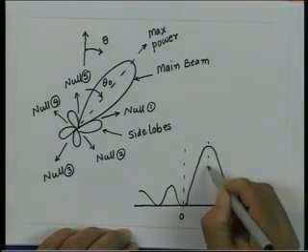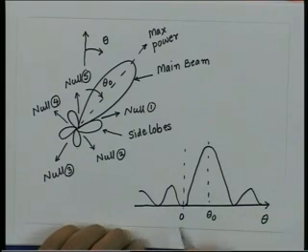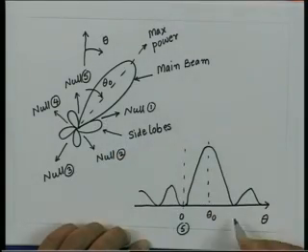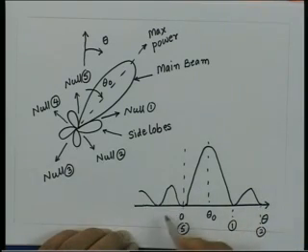Then these directions will be null 1, null 2, null 4, and so on.